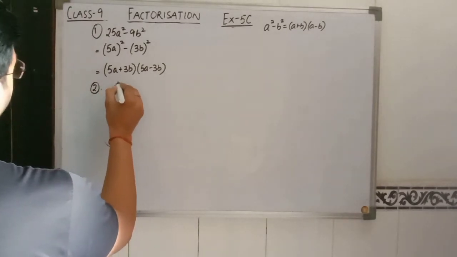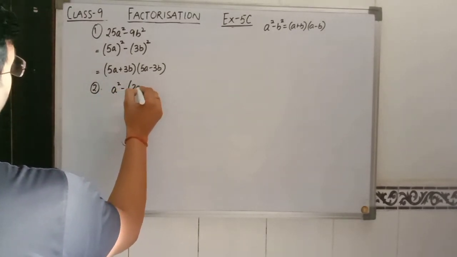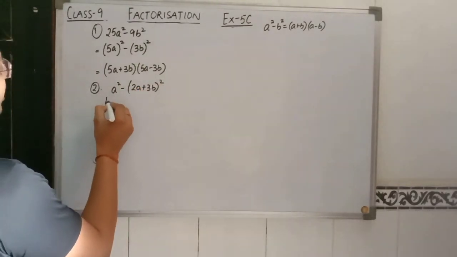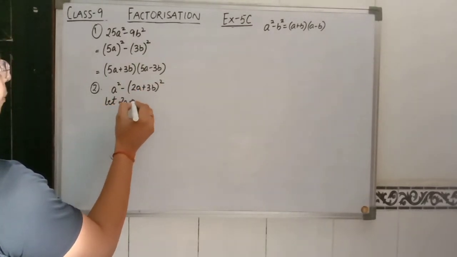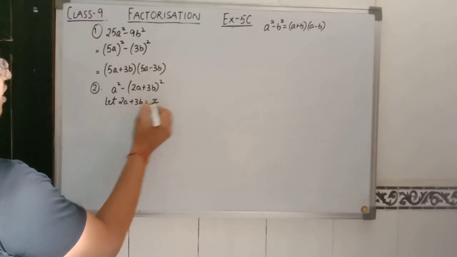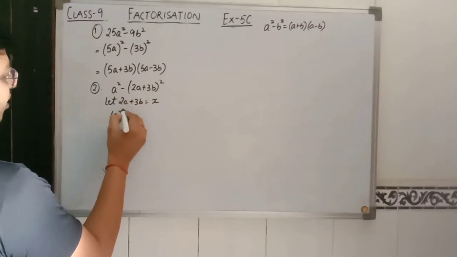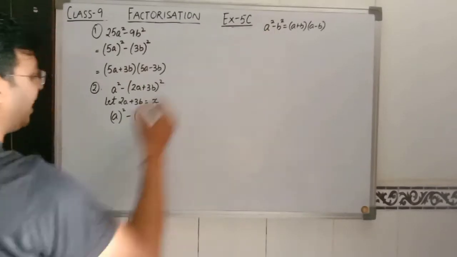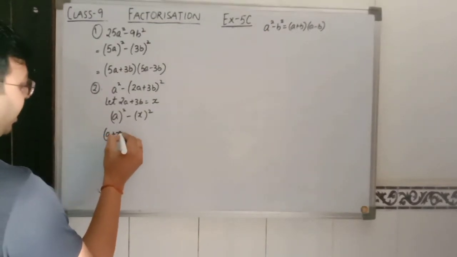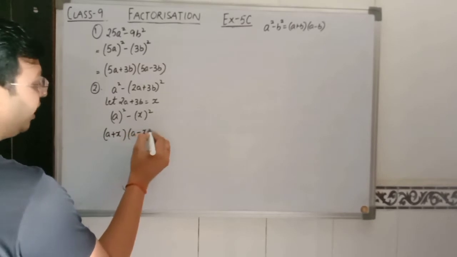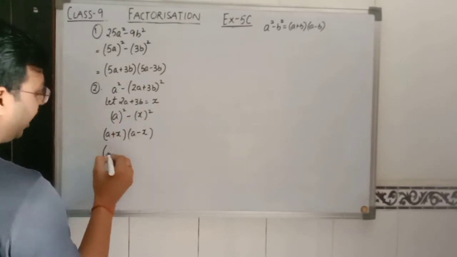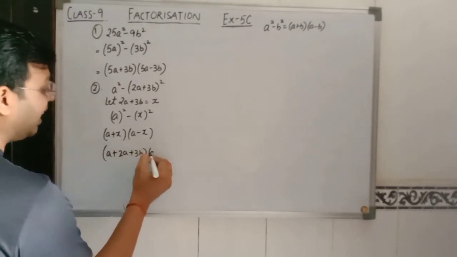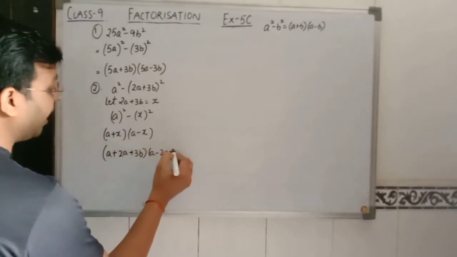Question number 2: a square minus (2a plus 3b) whole square. Observe it carefully. Let 2a plus 3b be equal to x. So the question can be written as a square minus x square. According to this identity, this can be written as (a plus x)(a minus x). Now apply the value of x: (a plus 2a plus 3b) and (a minus 2a minus 3b).